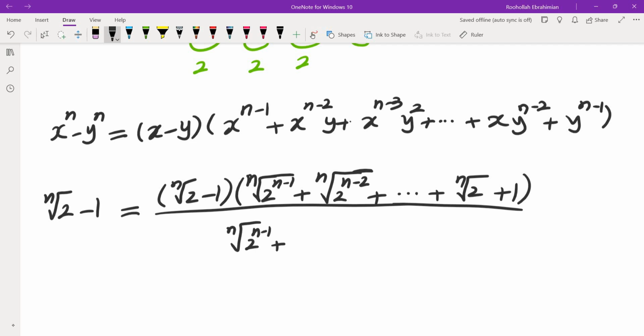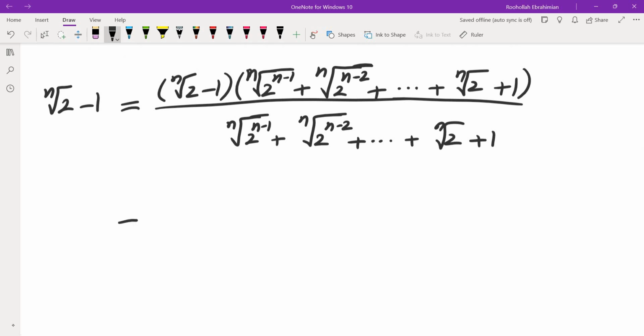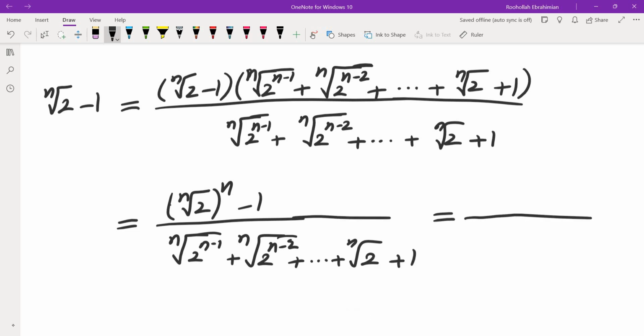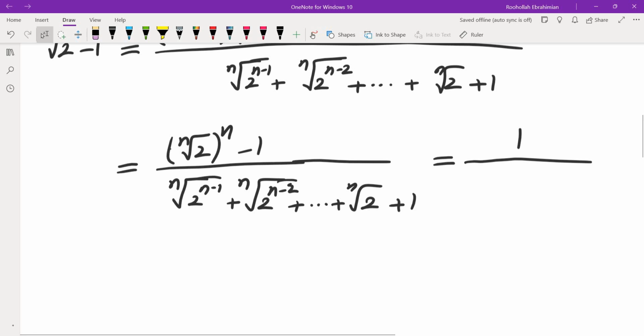The numerator is going to be the nth root of 2 to the power of n, minus 1, which is 2 minus 1. Now, of course, the numerator is 1, and the denominator is this expression.